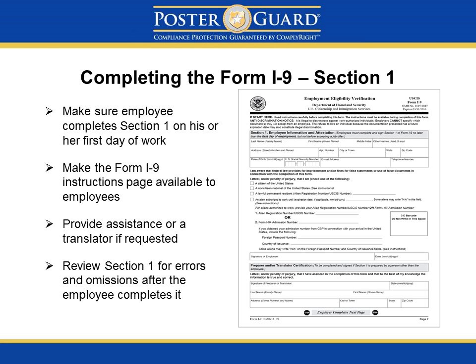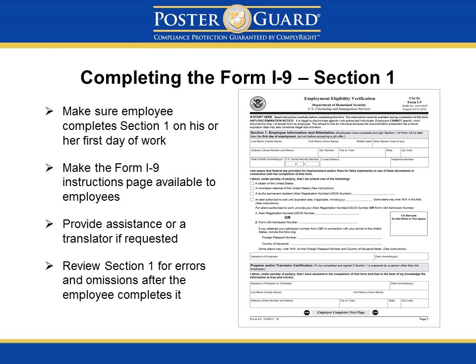So basically in Section 1, employees are required to provide their name, their address, their date of birth. You'll see here there's a space for employee social security number. But this is really important. It's something I wanted to point out. And this is also in the instructions, so the employee would have this information as well.